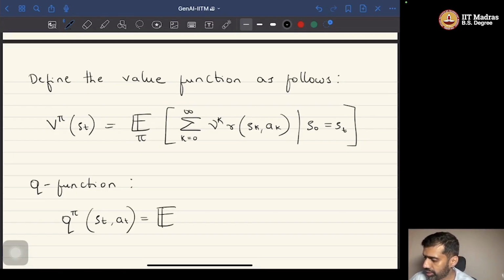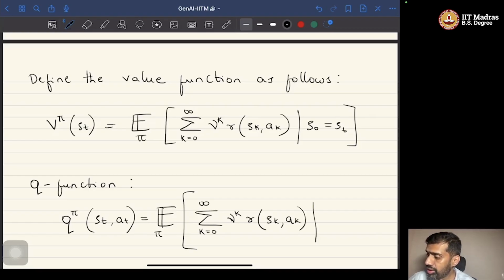This is the expected value of the discounted reward when the policy is executed by taking the initial state to be st and the initial action to be at.